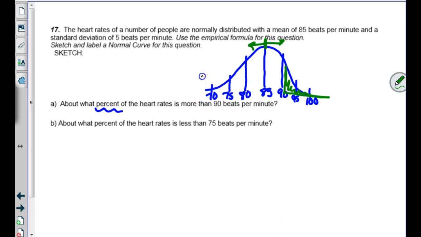So everything below 85 is 50%. But then there's also this 34% in here. So that's 84% would be below 90, but we want it above 90. Yes, 100 minus 84 should be 16%.